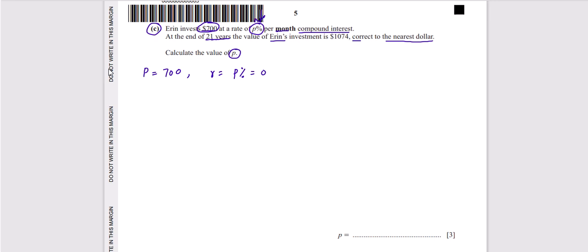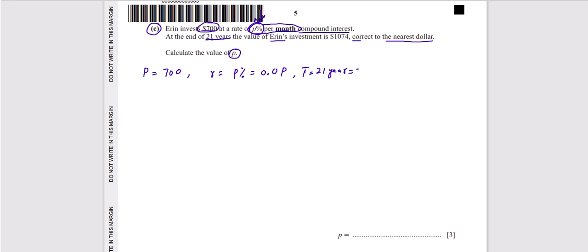We get 0.0P. And next is time. The given time is 21 years, but we have to find P per month, so we should convert years into months.